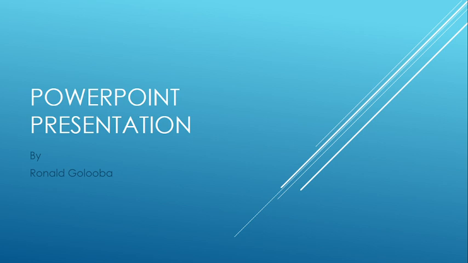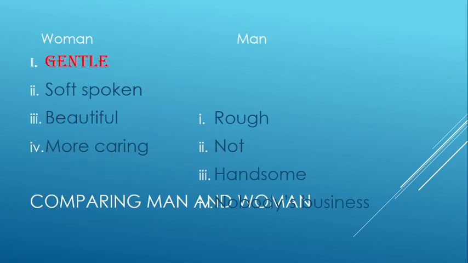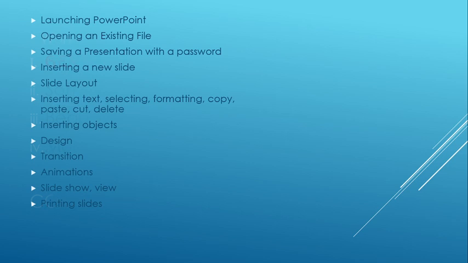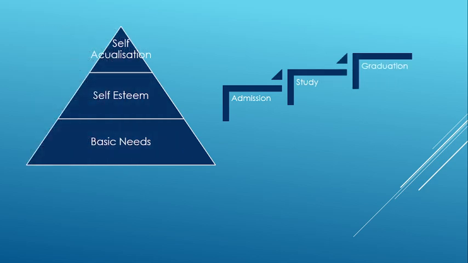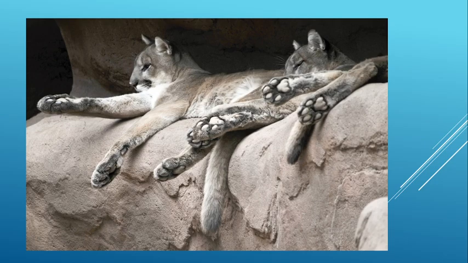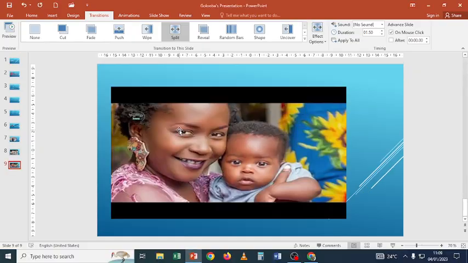That is a transition, and that is the sound that I put. Now you see how the slides appear because of the transition that I put. The text appears as if it is moving or something is uncovering it. Those are transitions, the way you see it appearing and then it disappears.